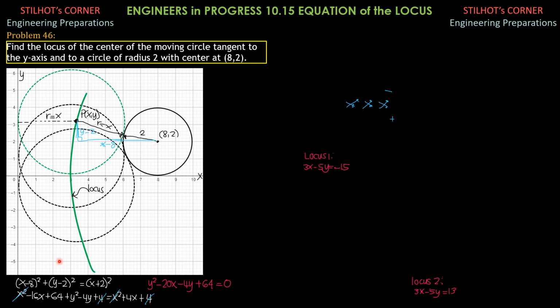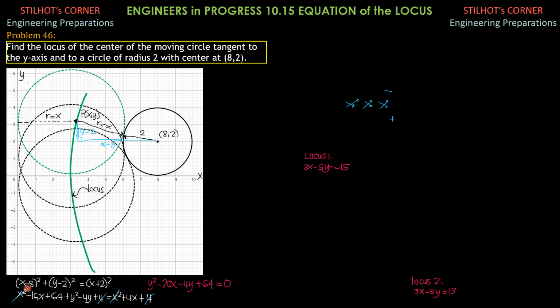So by Pythagoras theorem, quantity x minus 8 squared plus quantity y minus 2 squared is equal to quantity x plus 2 squared. Expanding, we have x squared minus 16x plus 64 plus y squared minus 4y plus 4 equals x squared plus 4x plus 4.